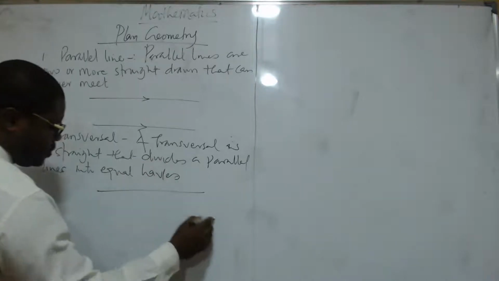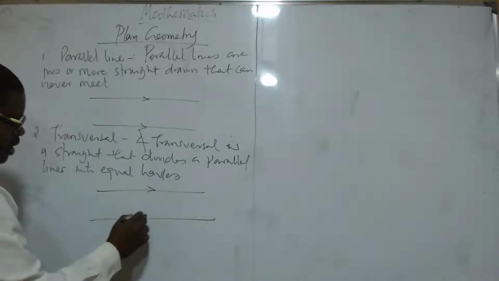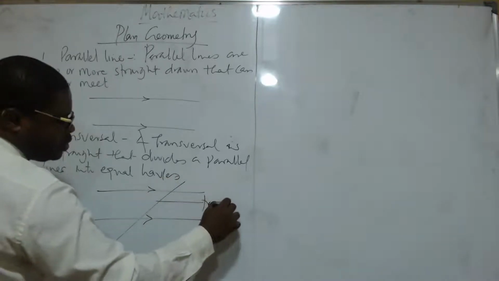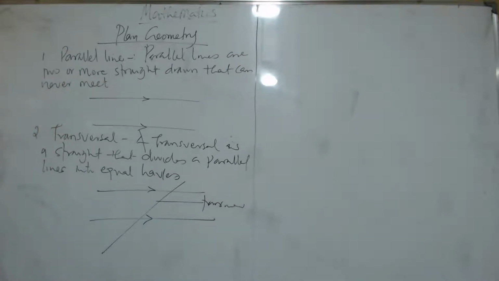We have parallel lines like this. So this one is called what? Transversal. Right?